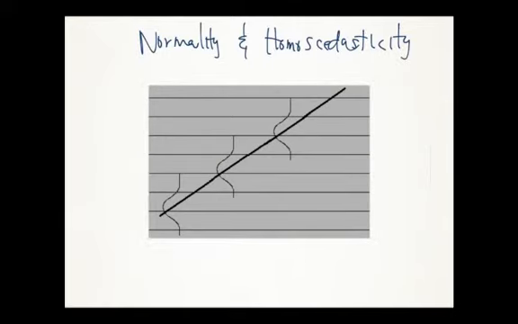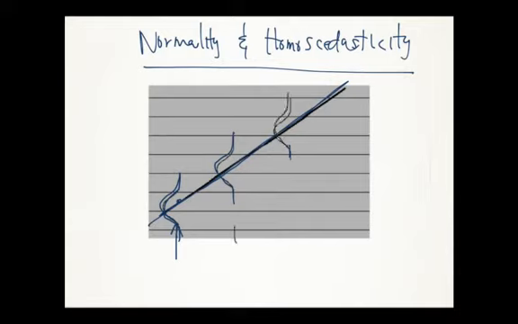So here's our fitted regression line, the black line, and normality and homoscedasticity says that for the residuals, the actual points, given a value of x, the residuals are going to have this normal distribution that has the same variance at every value of x.